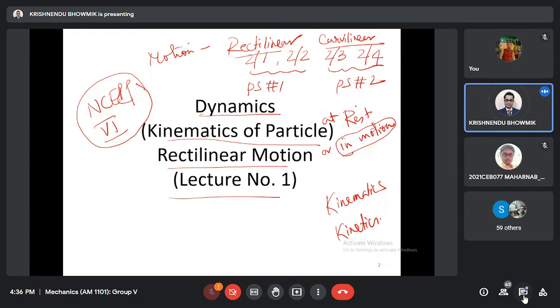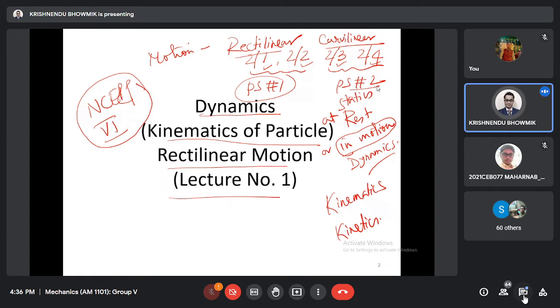That one we have covered, but dynamics will not go into those advanced chapters. As I told, here it is only for today, rectilinear and curvilinear motion. Article 2.1, 2.2, problem sheet 1; 2.3 and 2.4, problem sheet 2.